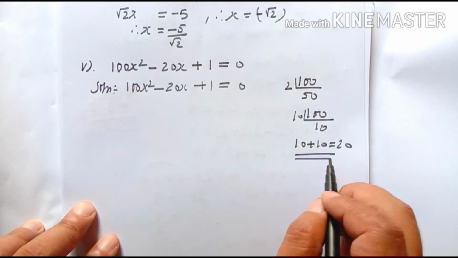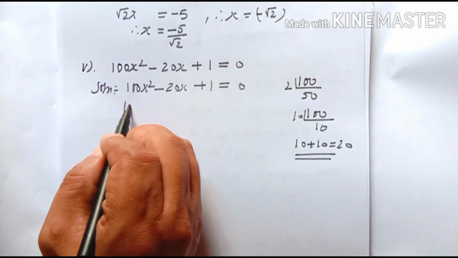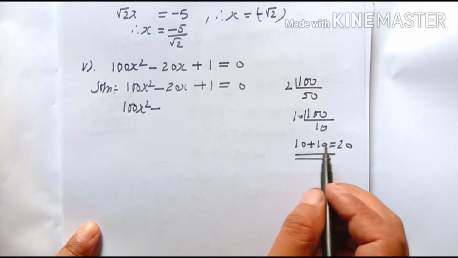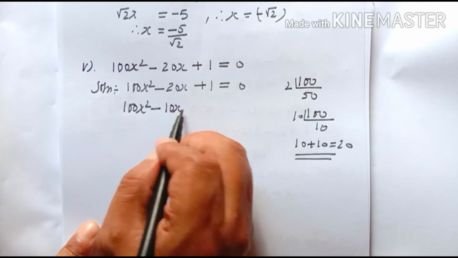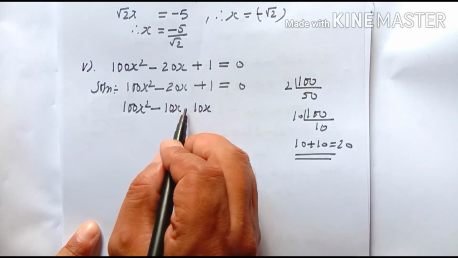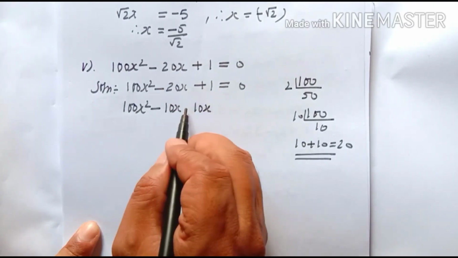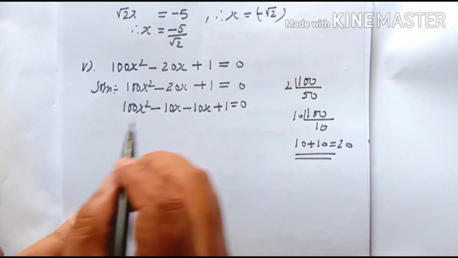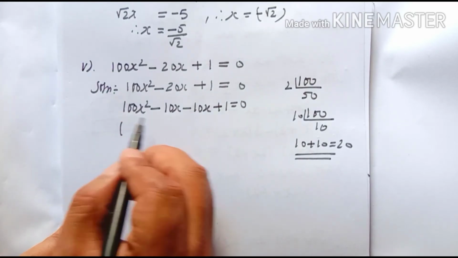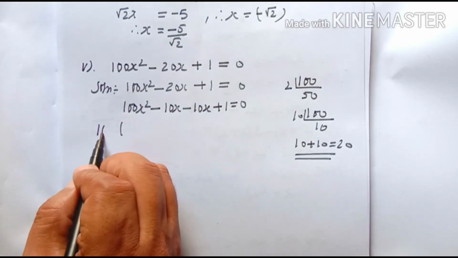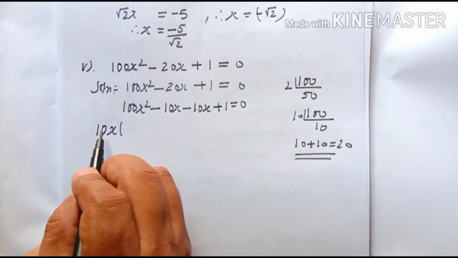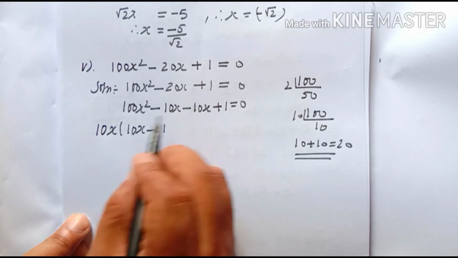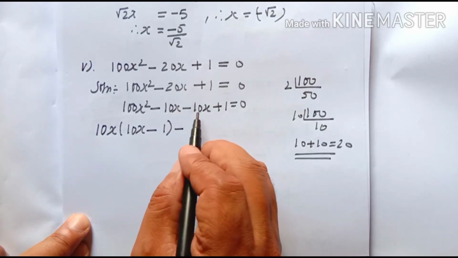That means I've got the factors. 100x squared minus, now take the first 10x and the second 10x, but the sign is from multiplying these two, minus plus minus, and after that plus 1 equals 0. Now take common: 100 and 10 are both divisible by 10, moreover x. 10 tens are 100, one more x minus 10 into 1, x already taken common, minus 10 and 1.